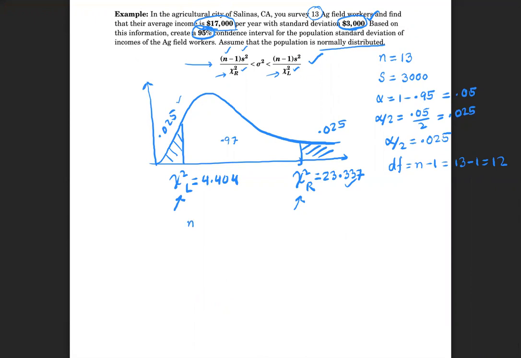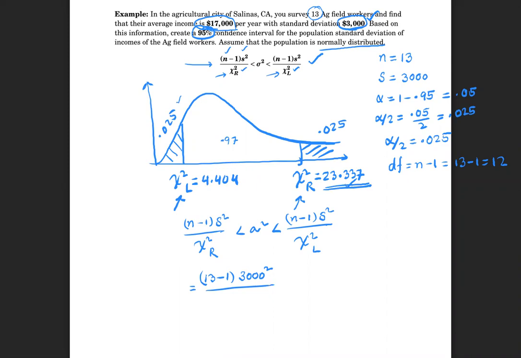So our formula is n minus 1 times s squared divided by chi square sub R is less than sigma square is less than n minus 1 times s squared divided by chi square sub L. N is 13, minus 1, times s, which is 3000 squared, divided by chi square sub R, which is this value, 23.337, is less than sigma square is less than 13 minus 1 times s square, which is 3000 square, all of it divided by chi square sub L, which is 4.404. Now we just need to simplify it.